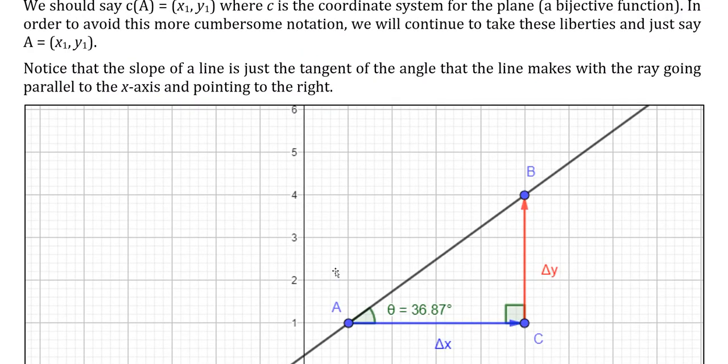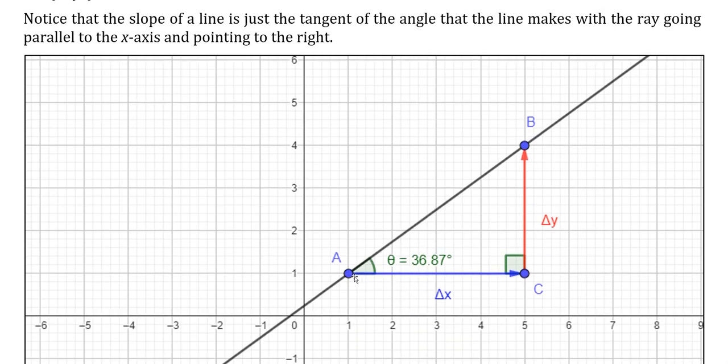So here is something that we have. If we have point A and point B, this way we go to the right, positive delta x, go up, that's positive delta y. Here we go to the right, let's see the scale, 1, 2, 3, 4. So delta x is 4, delta y is 1, 2, 3.